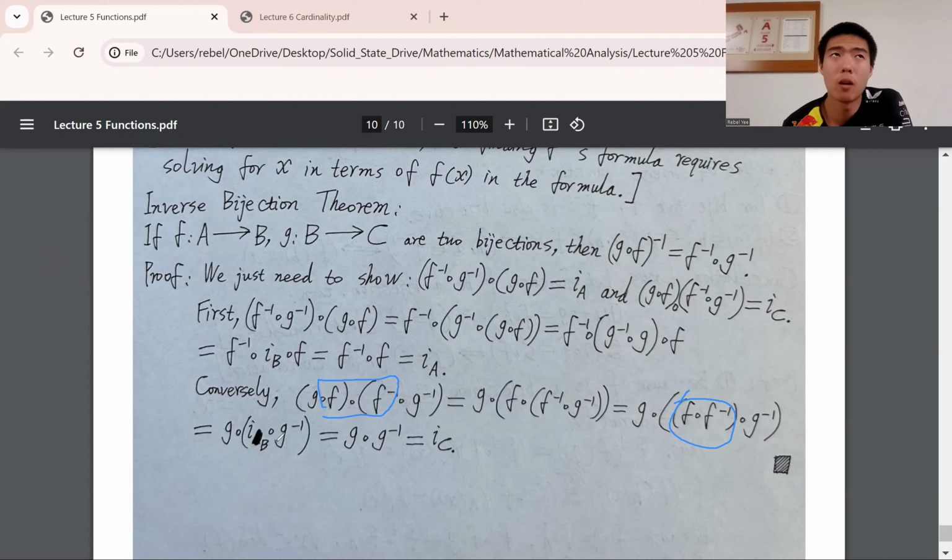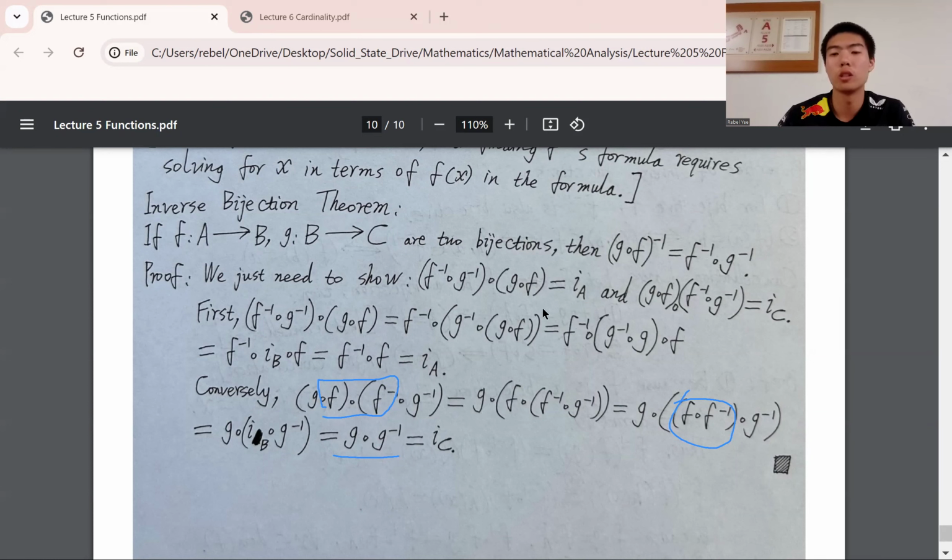The inverse of G is taken from C to B. So it's I_B, and I_B composed with the function itself gives G inverse. So now it becomes x taken by G inverse, which goes from set C to set B, and then we apply G again, going from B to C.